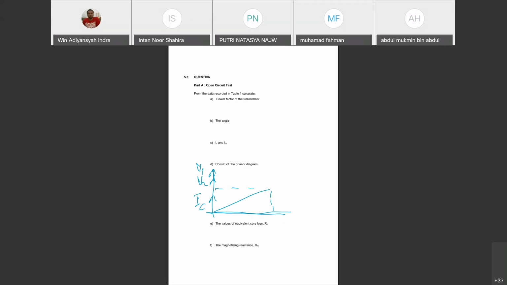You also have the value for IM, this is IM here. You also have the value for IO from the experiment, and the value for the angle here. So if I ask you to construct the phasors, you put the numbers in the diagram.